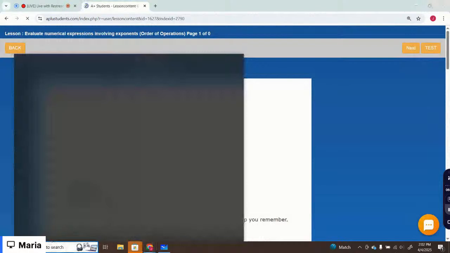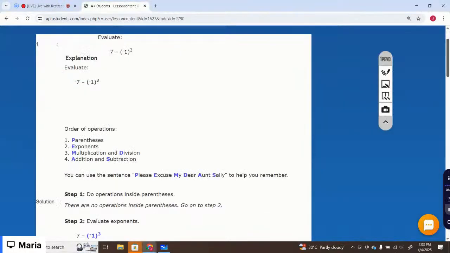So we have to learn the order of operations over here. The first thing we need to solve is parenthesis. Then you have to solve the exponents. Then multiplication and division.